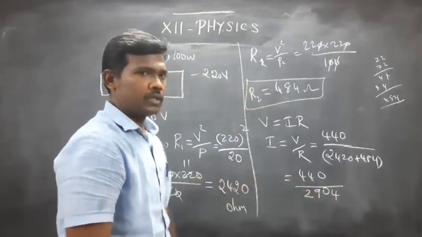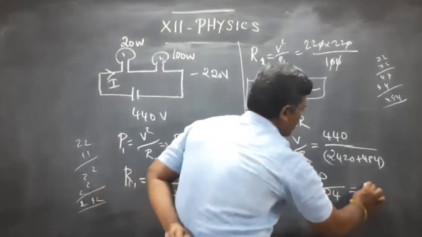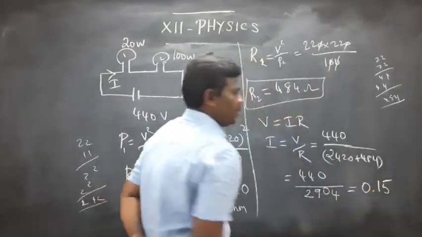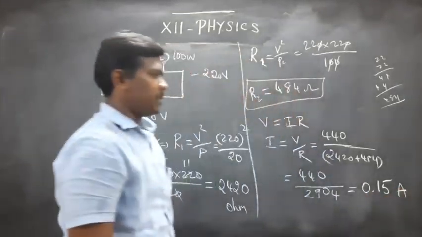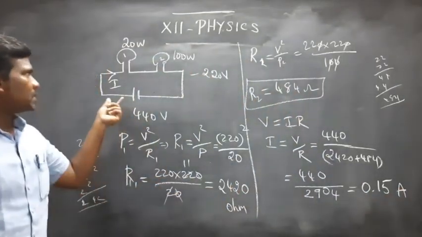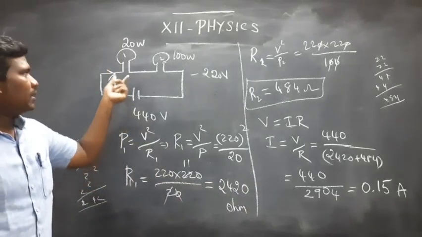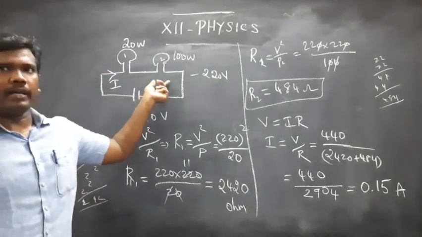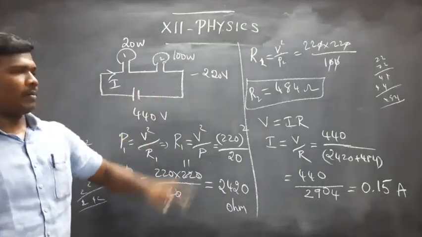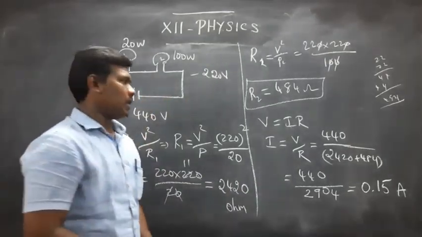If you divide these two values, you get approximately 0.15 ampere. So this much current flows through the circuit. That amount of current is the same in bulb 1 and bulb 2.